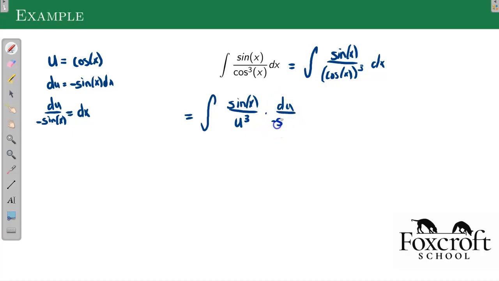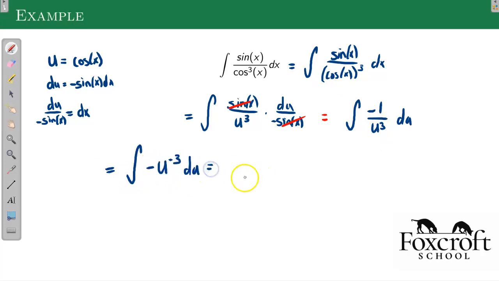So now my problem becomes sine of x over u cubed, and then dx is du over negative sine of x. Again, you know you've done it right if all the x stuff goes away. This negative is going to hang out. We still have u cubed du. You can bring the negative to the front if you want. I'm going to rewrite this as a power of u so I can do the reverse power rule. I don't need the integral anymore.